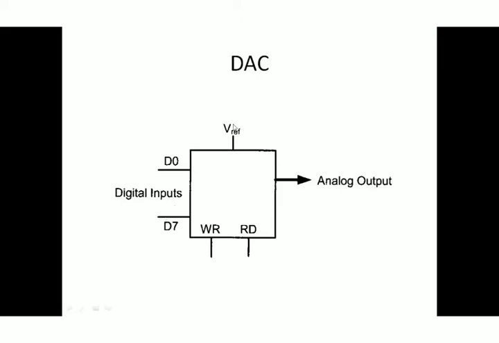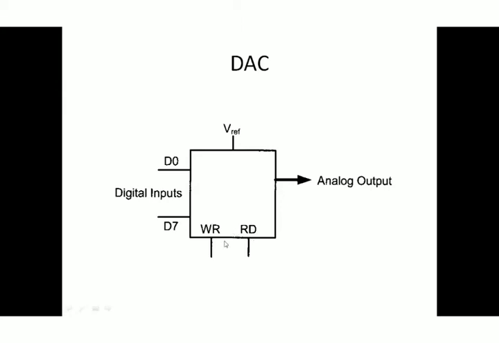And again, you need a reference voltage. The conversion of a digital value into a corresponding analog voltage or current depends on this reference voltage. Along with that, to control the operations of the digital to analog converter, there are some control signals like WR and RD. WR is for a write control operation and RD is for a read control operation. In some digital to analog converter devices, you may not have both control signals.